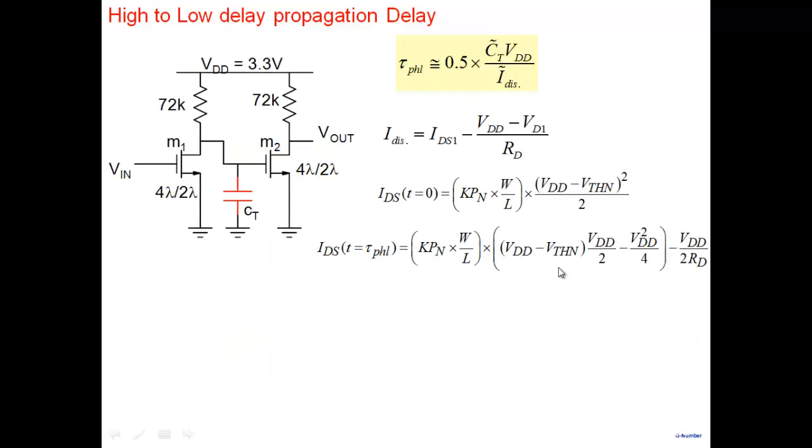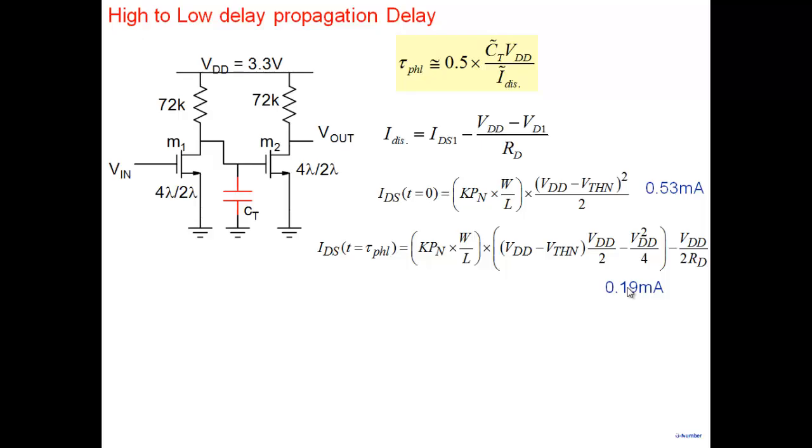Okay. So this is where we are. This is this current and this is this current here. Now let me put some numbers here. We had 4 lambda by 2 lambda, 72K and all that. So I can calculate. This current comes out to be 0.53 milliamperes. We have all these values, KPN, everything is there. This value comes out to be 0.19 milliamperes.